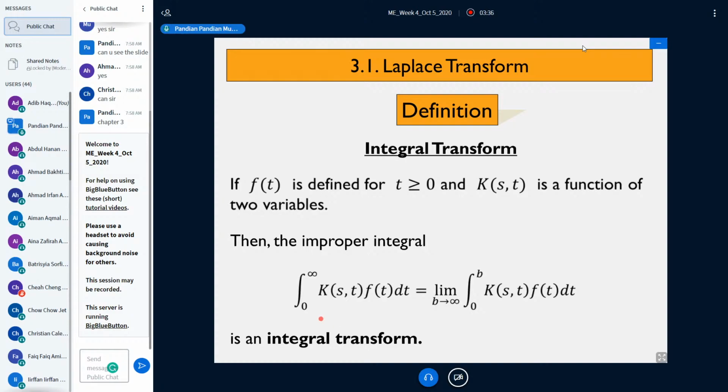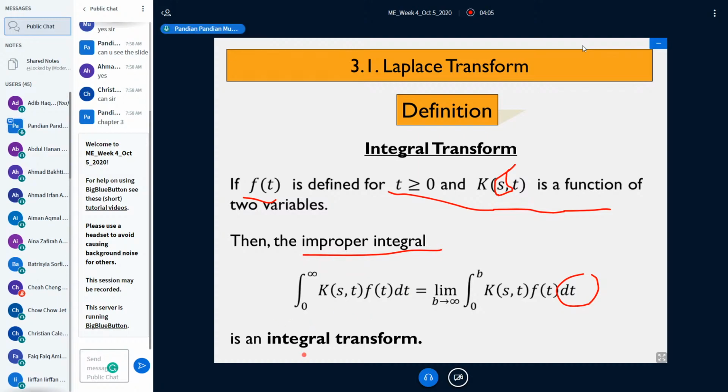Theory a little bit. So f is a function of time defined for t greater than 0, and K(s,t) is a function of s and t. s is the parameter, t is time. So the parameter s is constant. The variable is t, because you are integrating with respect to dt. The improper integral, because this is 0 to infinity, we call an improper integral.